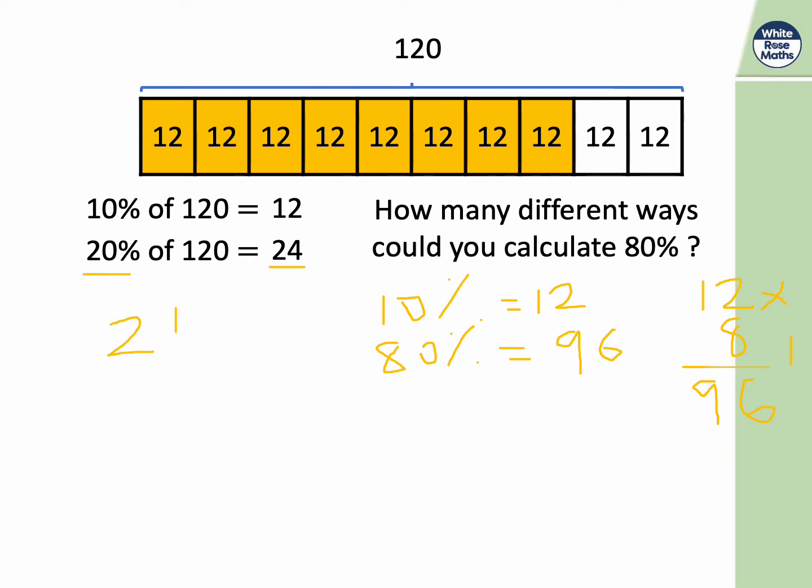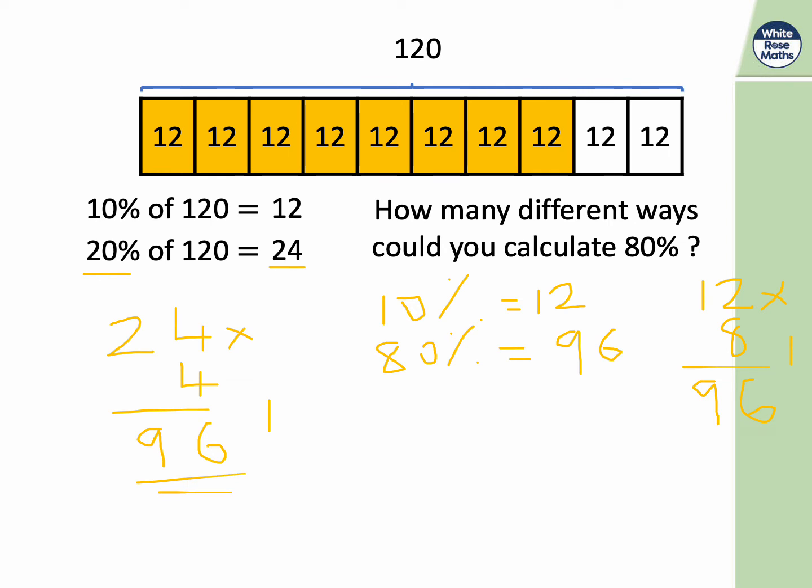So I can also do 24 times 4, and that will also give me 80%. 4 4s are 16, so 6 carry the 1, 4 2s are 8, plus the 1, and I get 96. So that's another way.